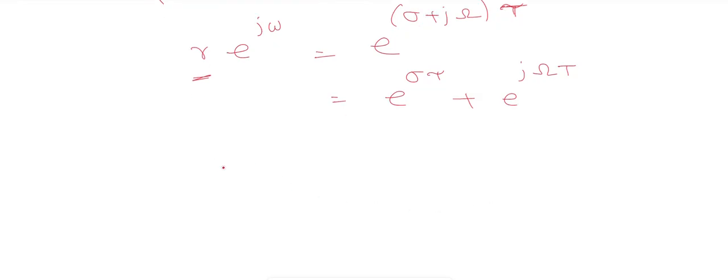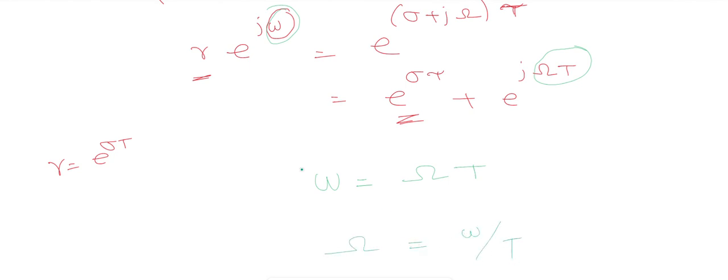So the real term r is equal to e power sigma T. And omega is equal to omega T, or you can say omega is equal to omega by T. So this is important: the relationship between analog and digital frequency.